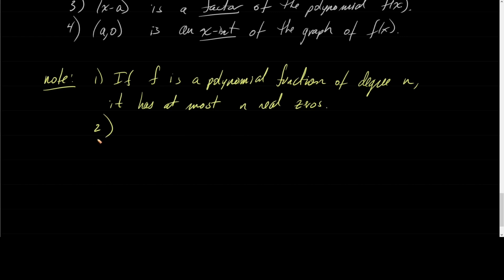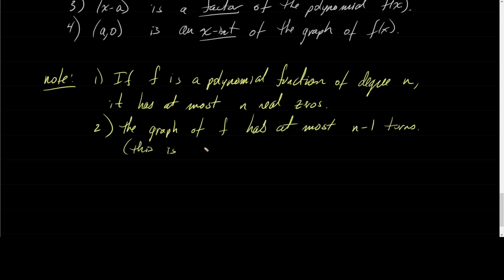We can also say that the graph of f has at most n minus 1 turns. And here in parentheses, I'll say this is where the extrema happen.